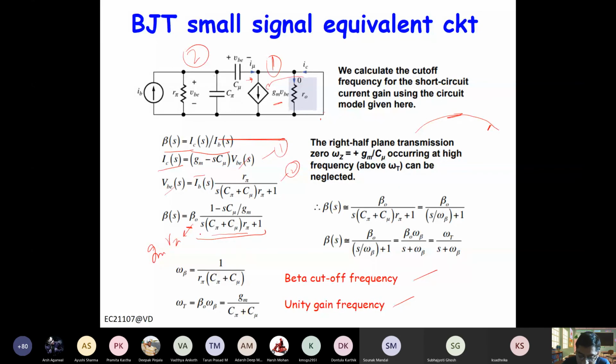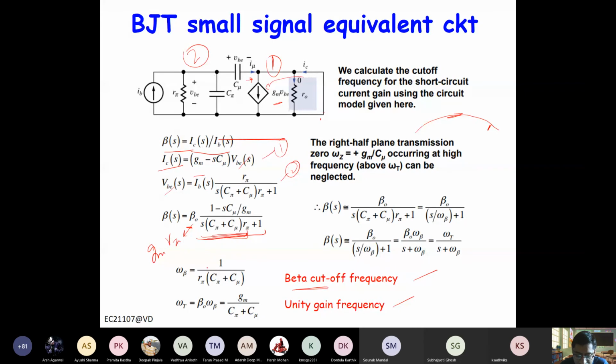And this you can write as omega beta. So when omega equals omega beta, you will have beta naught by root 2. So omega beta becomes your cutoff frequency. And your beta will be 1 if this part is equal to beta naught, right?